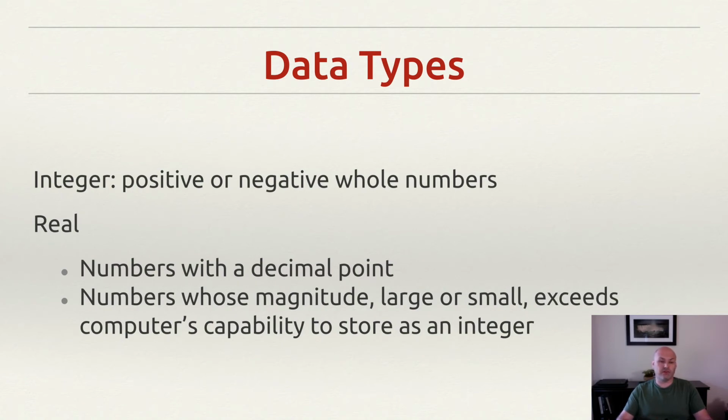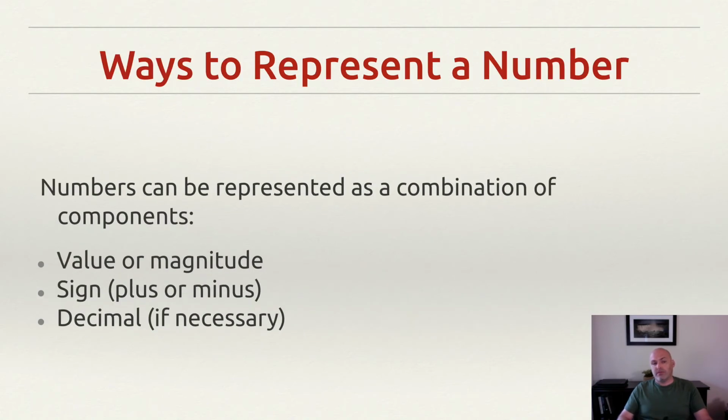Even JavaScript, which is a dynamically typed language that uses the type number to represent all numbers, has 64 bits in which to represent a number. If you exceed that amount, you have gone over the amount allotted. In learning how to represent these things, we're going to start with value or magnitude, and then we're going to work up to sign and decimal point when necessary.